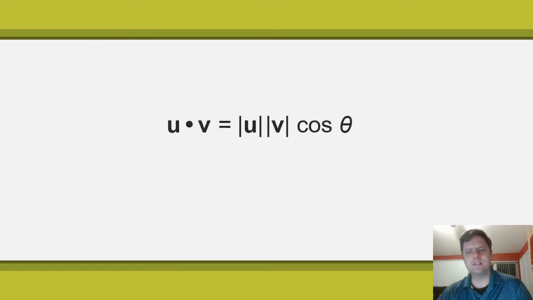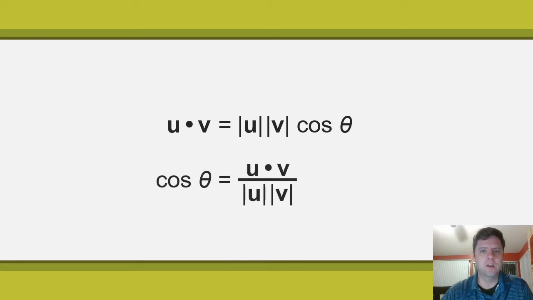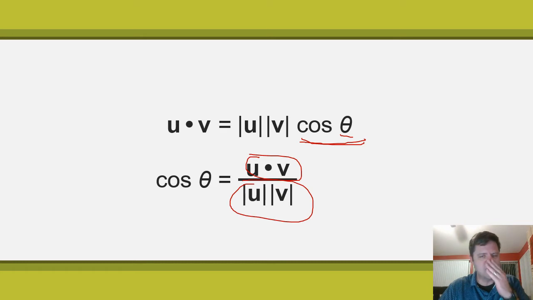So U dot V equals the magnitude of U times the magnitude of V times the cosine of the angle in between the two vectors when they're in standard position. But that means we can also rewrite this, and what's great about this is that we can figure out the angle between vectors. If we don't know the angle, we can figure that out by taking U dot V and dividing it by the magnitude of U times the magnitude of V, right?